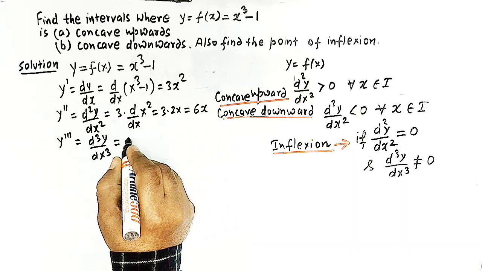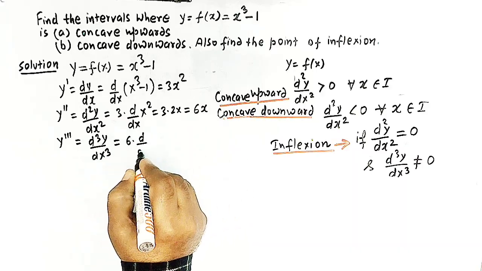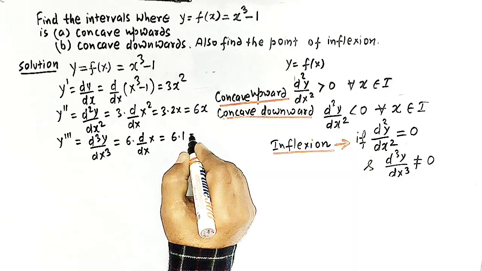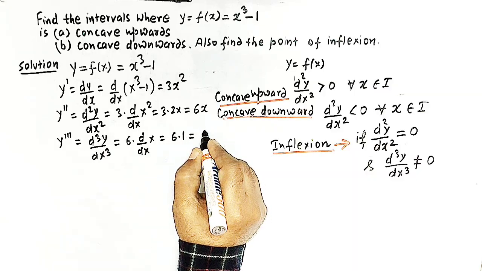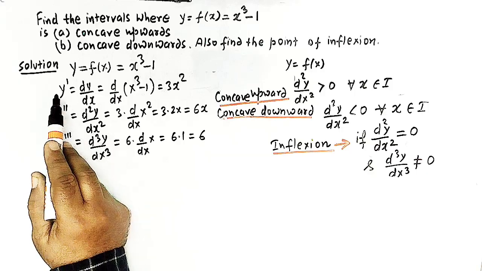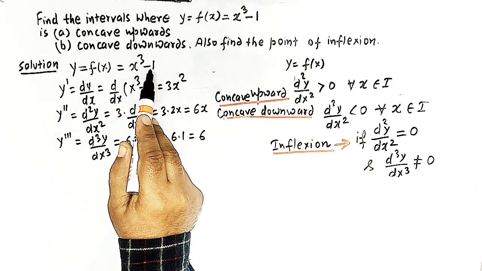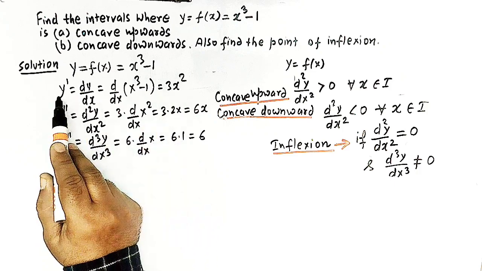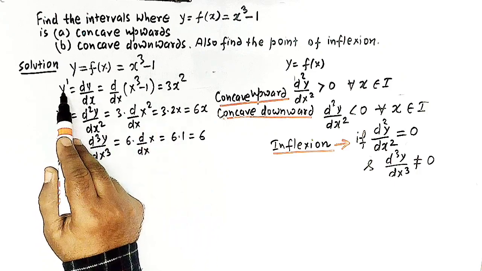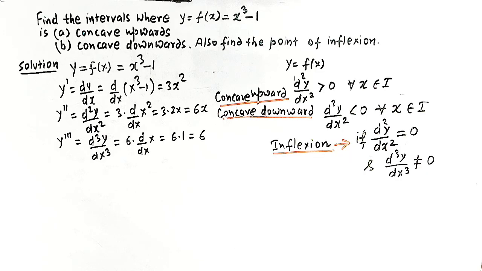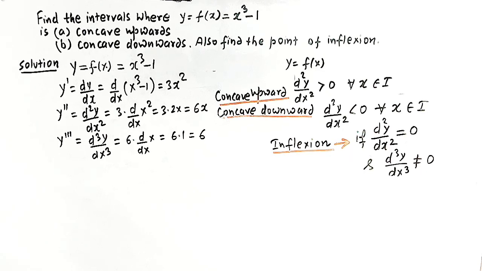So here we have 6 times the derivative of x, that is 6 times 1, which is equal to 6, right? So for the function y is equal to x cube minus 1, we have first calculated the first derivative, then the second derivative, and then the third derivative.